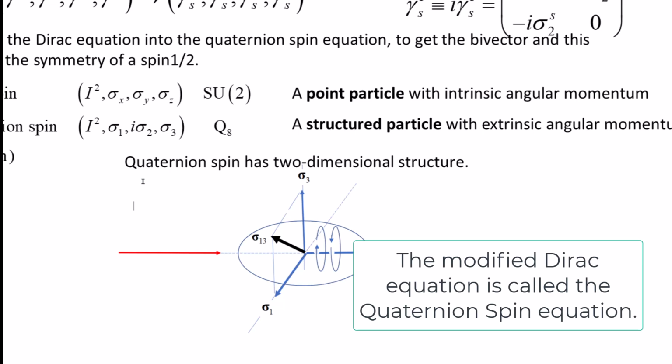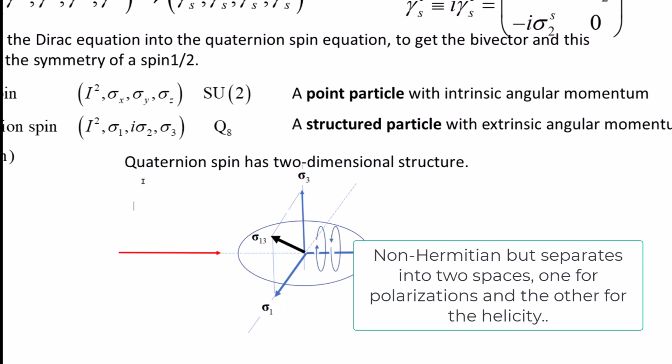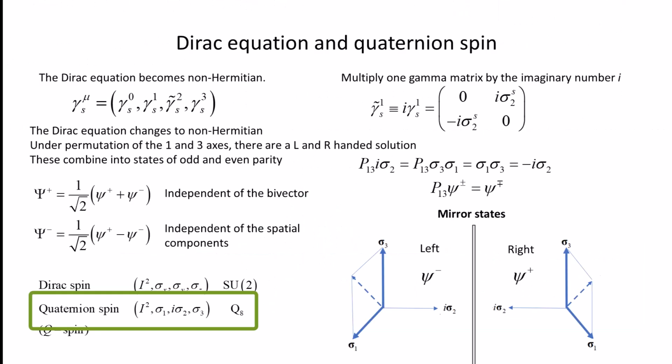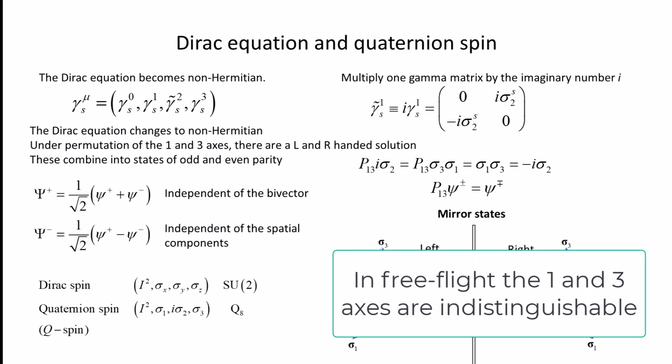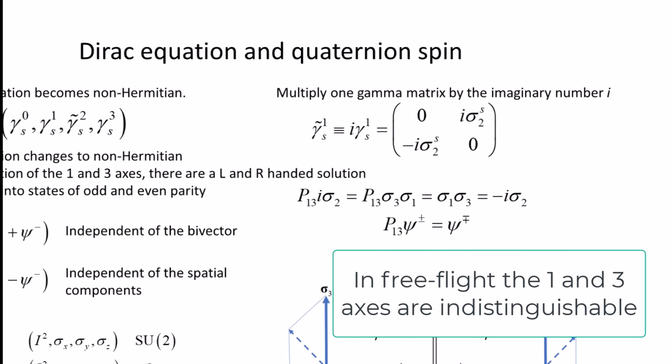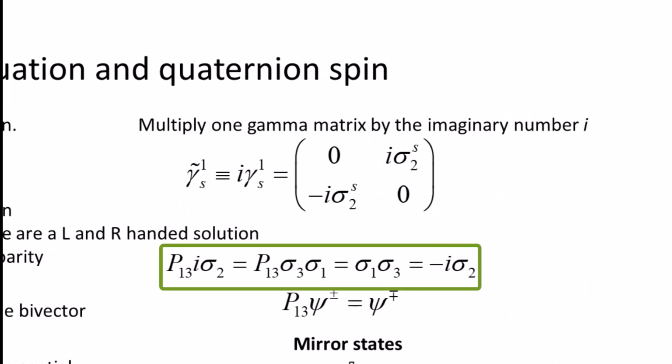It is non-Hermitian, but it separates nicely. It separates spin spacetime into two distinct spaces. In free flight, the 1 and 3 axes are indistinguishable, but the bivector is not. Permutation by a parity operator, P13, does not change the 1 and 3 dependence of the Dirac equation, but the bivector is antisymmetric to this permutation.